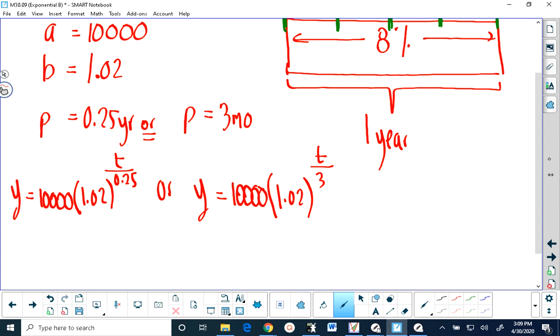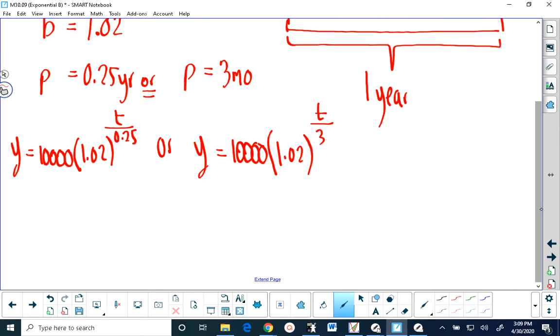And they're both correct answers. It's just that the equation on the left has T in years. The equation on the right has T in months. And I'm not going to tell you to use one or the other. Everybody is going to have their own preference. But let's solve the problem now.